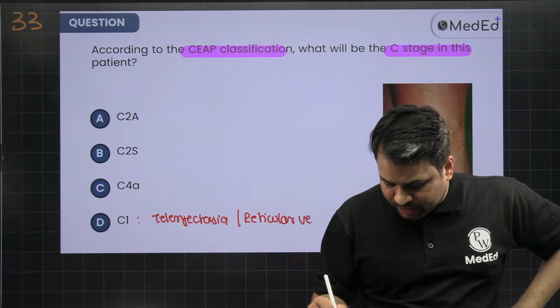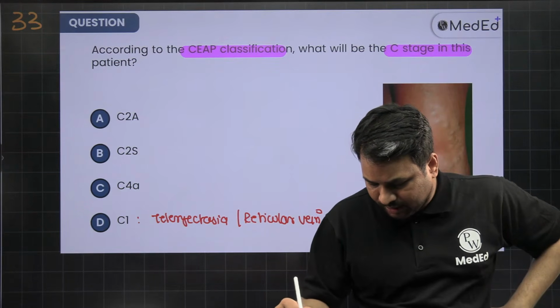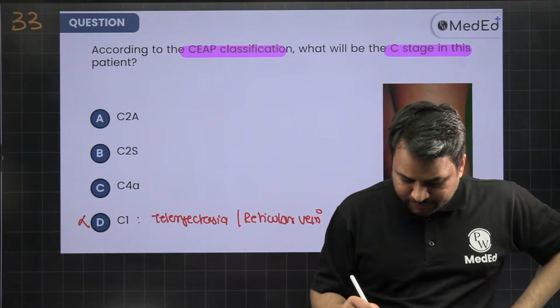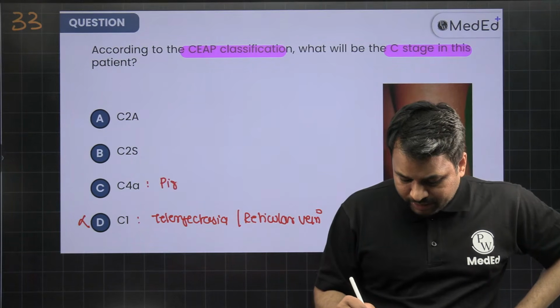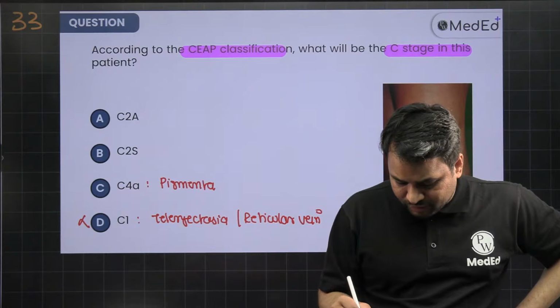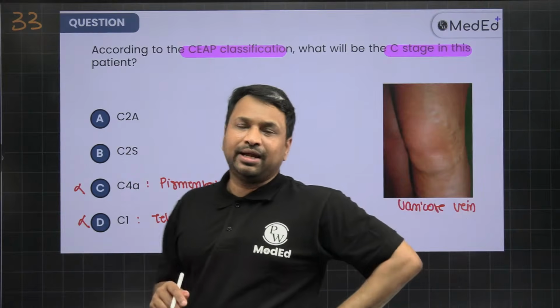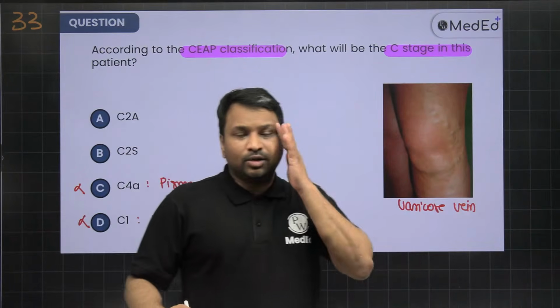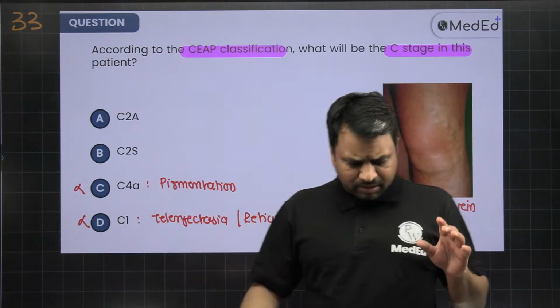And the image is of a varicose vein, so D cannot be the answer. What is C4a? It is going to be pigmentation. There is no evidence of pigmentation, so it cannot be that. Now, what is C2a and what is C2s? You need to be very precise about it.